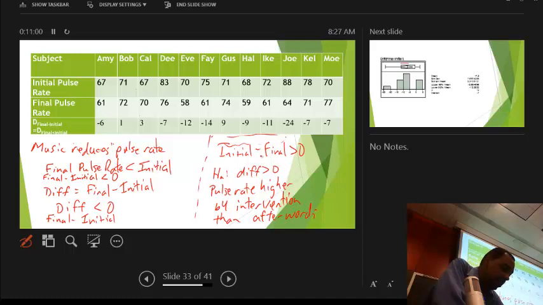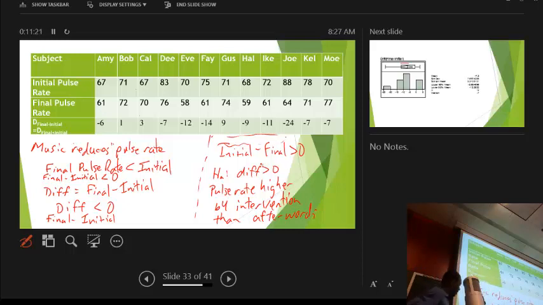This side over here is initial minus final. Okay. That's like saying this: 3 is less than 5, or you can say 5 is bigger than 3, depending on how you want it. It's the same kind of concept.